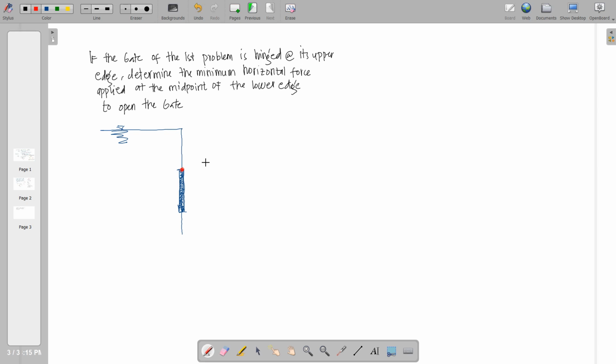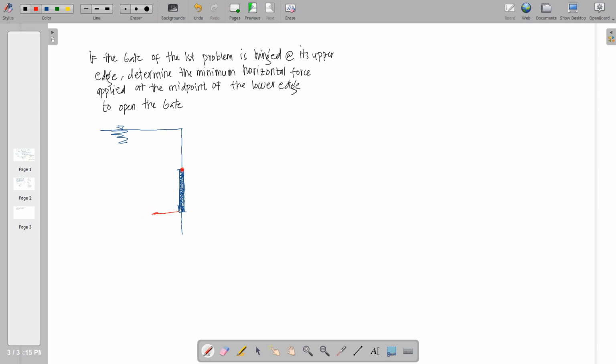Therefore, we cannot open this simply by a vertical force, but rather a horizontal force acting on the midpoint of this lower edge.